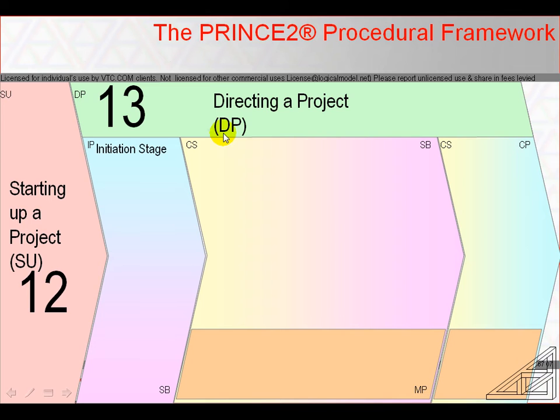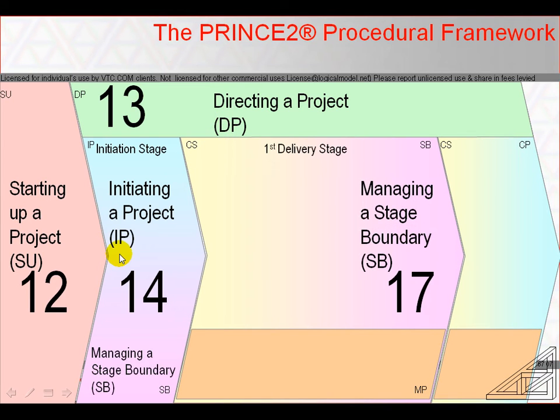The decision to commit the resources needed to conduct the initiation stage marks the official start of a PRINCE2 project. The initiation stage is dominated by the 6 activities of the initiating a project process, as described in chapter 14 of the official manual. The initiation stage is the first of a minimum of 2 stages.